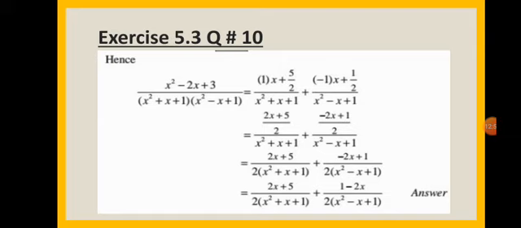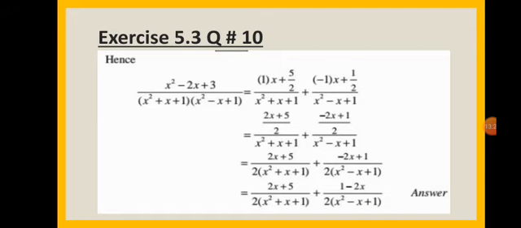So students, in this way we can solve the equations where there is no linear factor and we can't calculate the values of unknowns by putting them 0. So all the unknowns are calculated by comparing the coefficients.